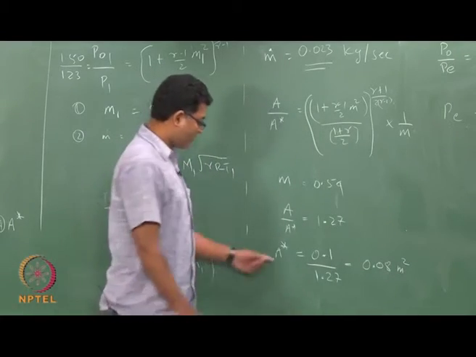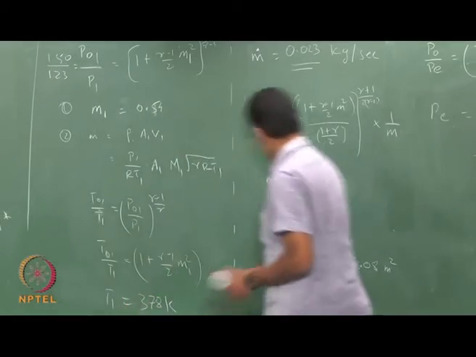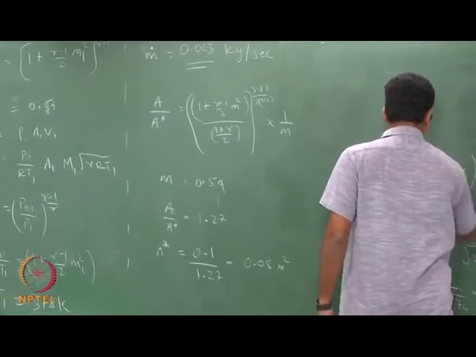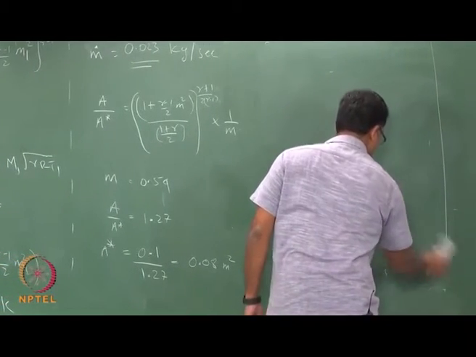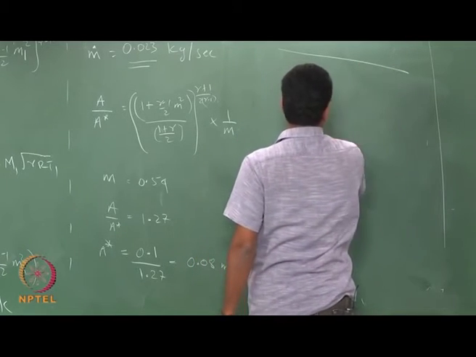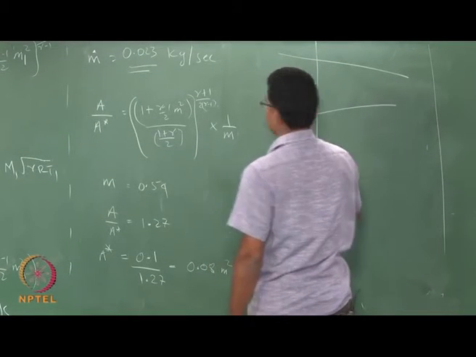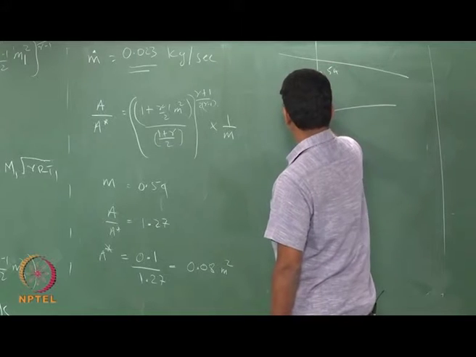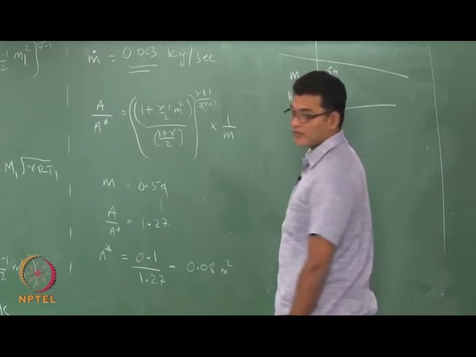Okay. Now, let us look at the meaning of A star. So, I have M1 here to be 0.54, my A1 as 0.1 meter square.